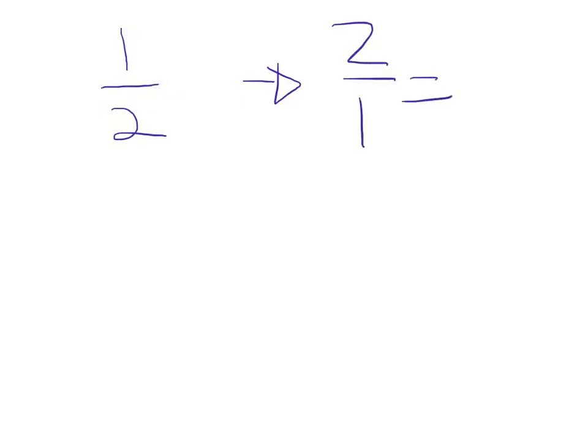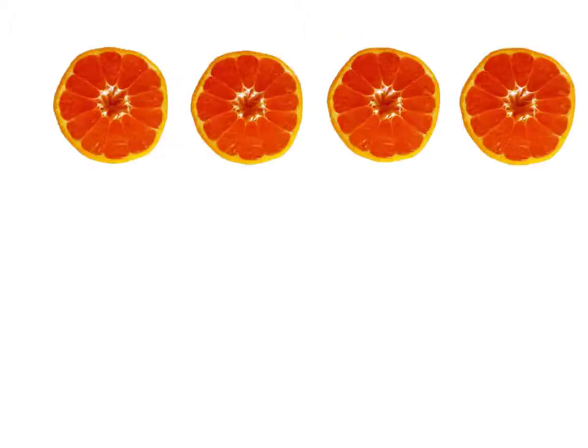Let's look at this one more way. Let's say we want to divide something by 1/2. Well, this is the same as multiplying by its inverse, or 2/1, or 2. So first off, I'm going to remind you guys what it looks like to divide by 2. Okay, so we're going to take 4 objects.